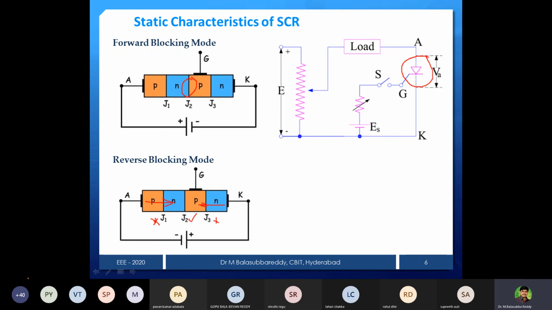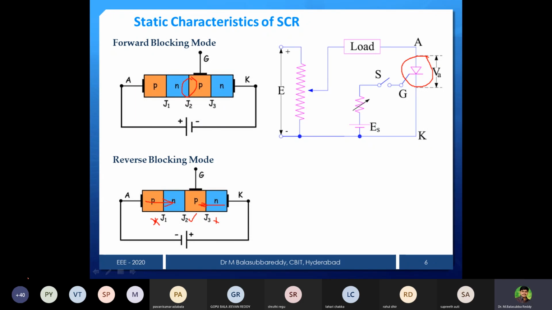VA means voltage across the SCR, or anode voltage, or VAK, anode to cathode voltage, or VT, whatever notation you follow is fine. Once the device is on, the voltage across the device will be 0, or 1 to 2 volts alone.